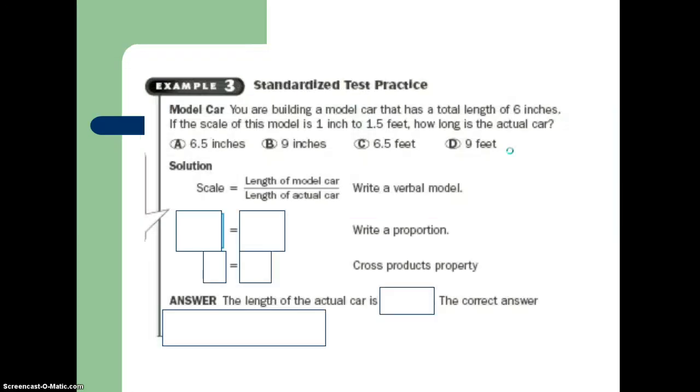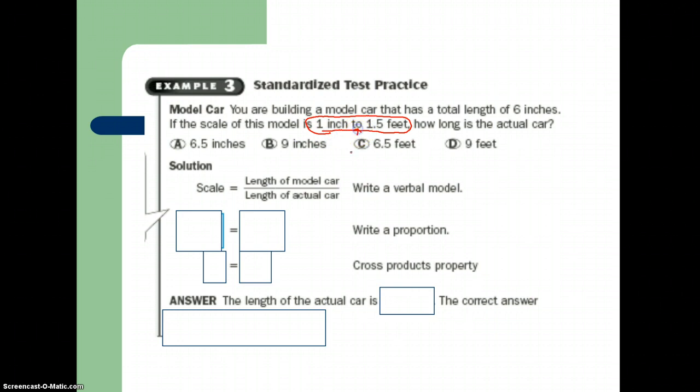Proportions work well with scale. Scale is a ratio. For example, say you're building a model car, a three-dimensional object, that has a total length of 6 inches. The scale of this model is 1 inch to 1.5 feet. There's the scale.